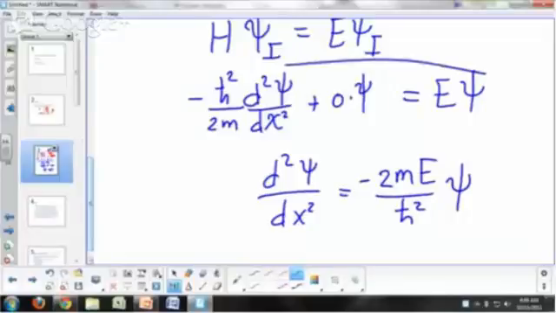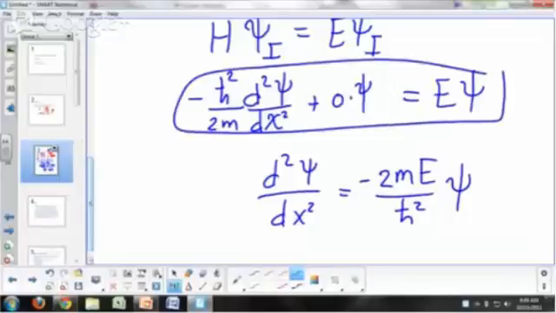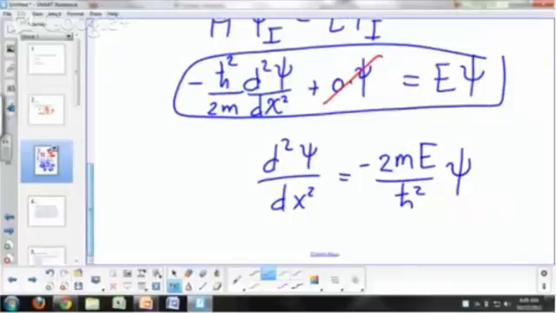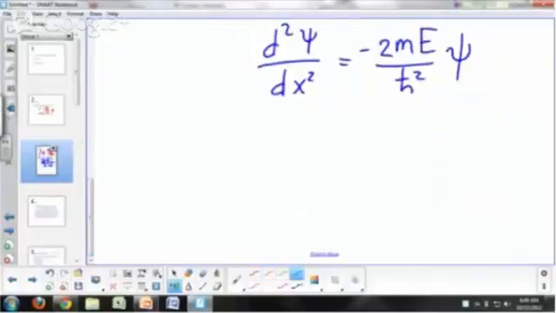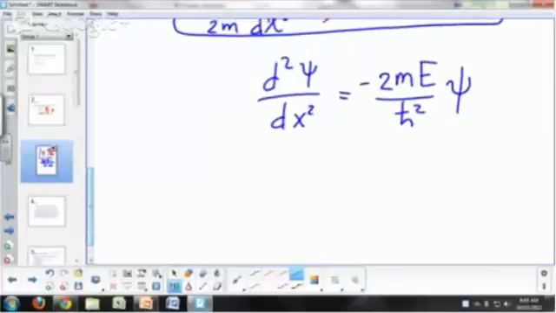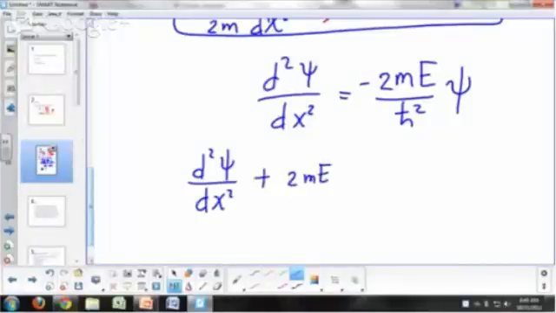All I did was some rearranging here. This term right here will just drop out. And I can move everything to the left side, so I have the second derivative of psi plus 2mE over h bar squared psi equal to 0.